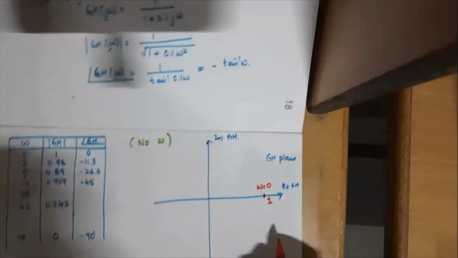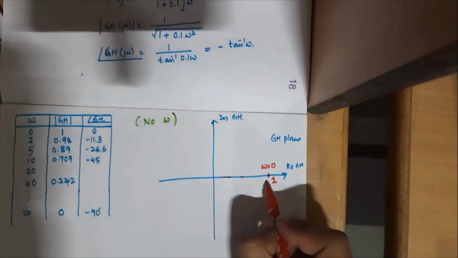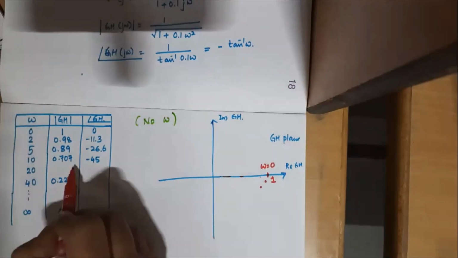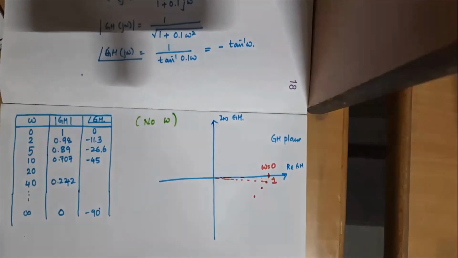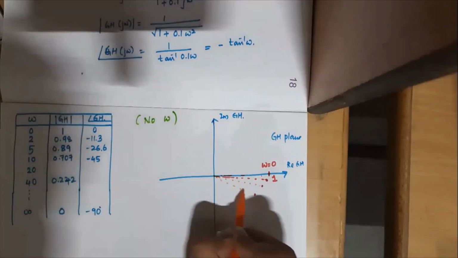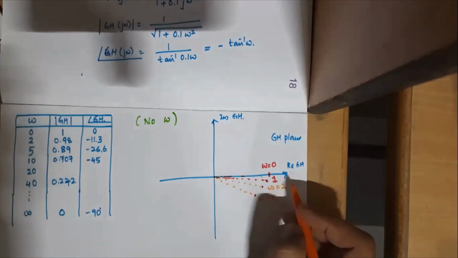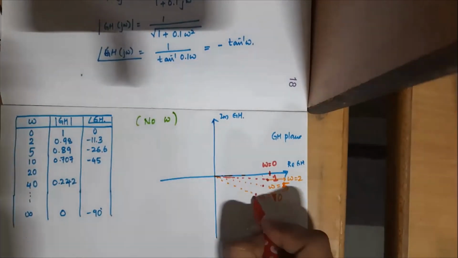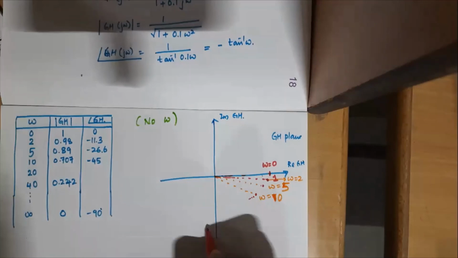If I go on substituting, next is 0.98 with minus 11 degrees, somewhere here. Then 0.89 with minus 26 degrees. Then 0.707 with minus 45 degrees. So different omegas, different points. And finally at omega equal to infinity, magnitude is 0, angle is minus 90 degrees.